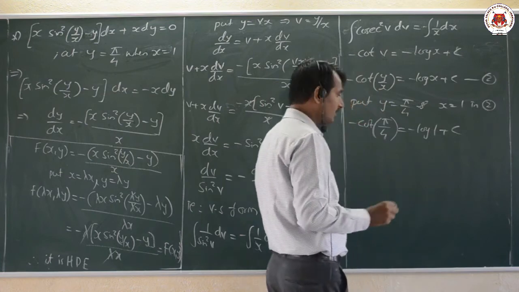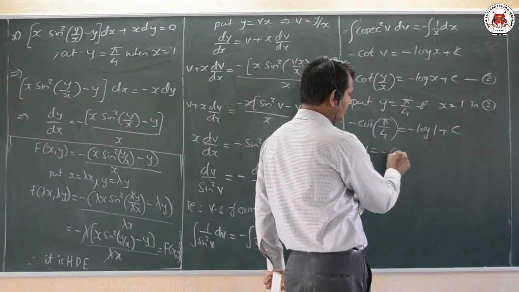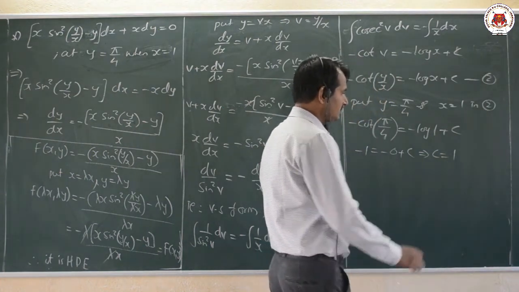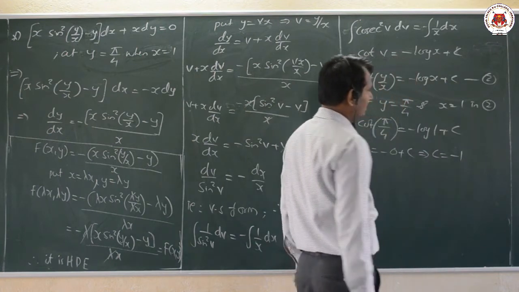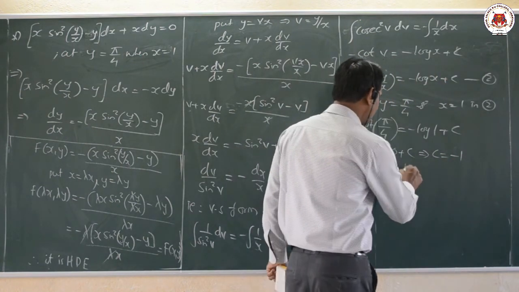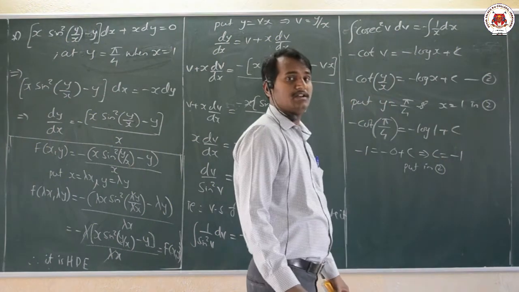Log 1 value is 0, cot pi by 4 value is 1, so minus 1 equals minus 0 plus c, which implies the c value will be minus 1. Now put c equal to minus 1 in equation 2, and that itself is your particular solution.